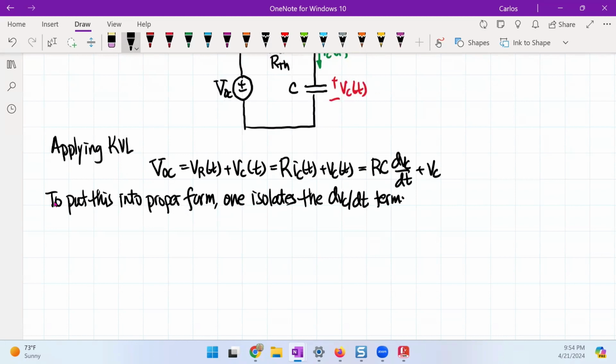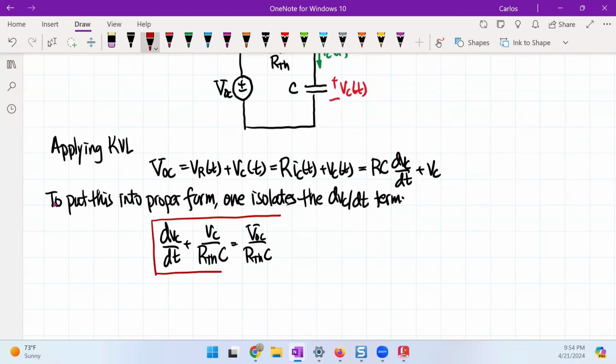So if I do that, all I'm going to do is just manipulate this a tiny bit, divide both sides by RC, and you're going to see that I'm going to get dVc/dt plus 1 over RTH C times Vc, and then I'm going to get VOC divided by RTH C.